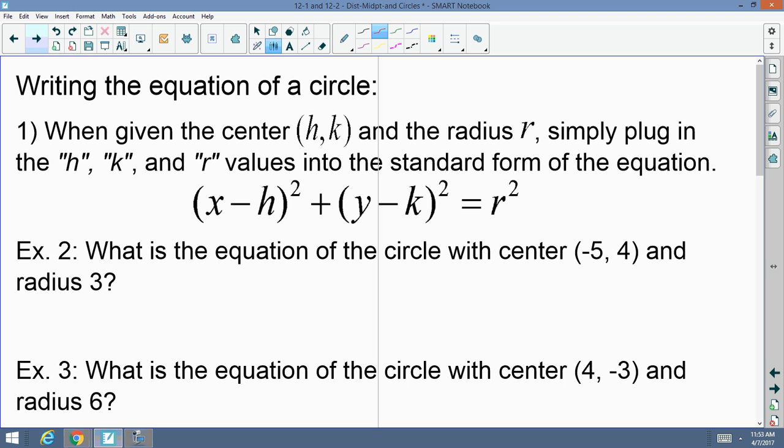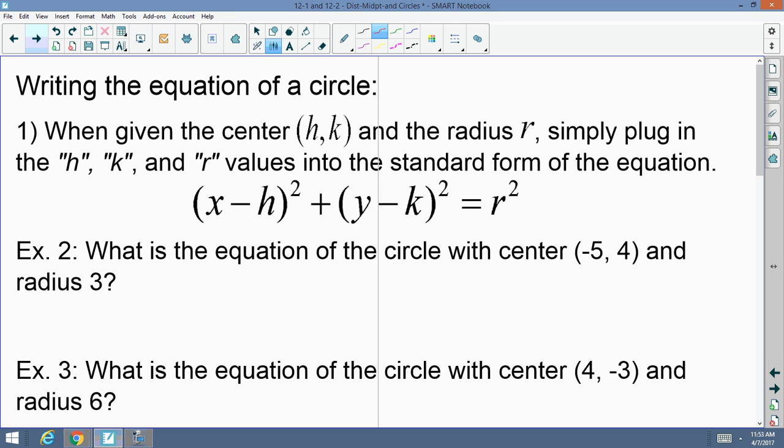When given the center, h, k, and the radius, that's the easiest thing in the world to do, to write a function. Simply plug in the h, the k, and the r values into the standard form of the equation: x minus h squared plus y minus k squared equals r squared. For example, what is the equation of the circle with center negative 5, 4 and radius 3?